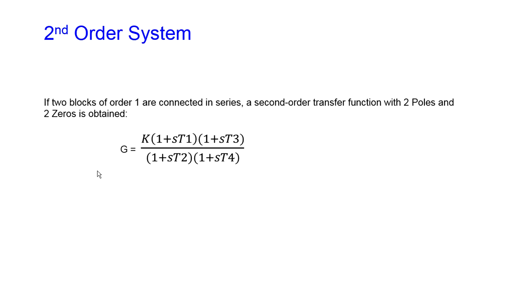In the next video, we are going to consider second order systems connected to a PID controller. But in this video, we're going to work only with a first order system. That means a system with a gain K, a pole, and a zero.